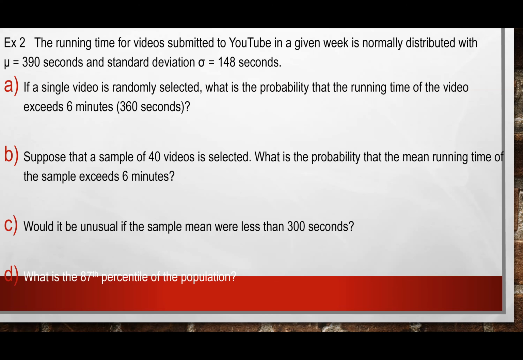If you use the 6 minutes, you will see the probability is roughly 0.9999999 something. Because 6 minutes and 360 seconds are very different in terms of numbers, if you act like it's the same, then they will tell you it's wrong.